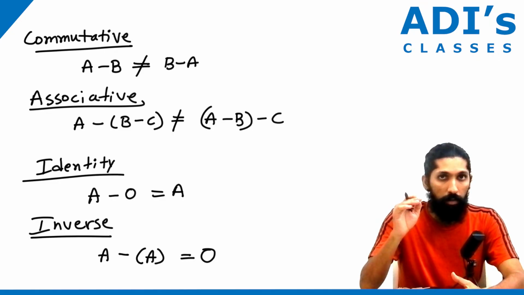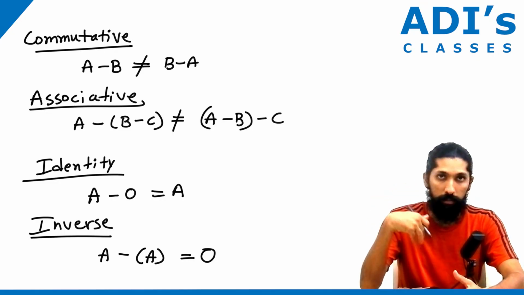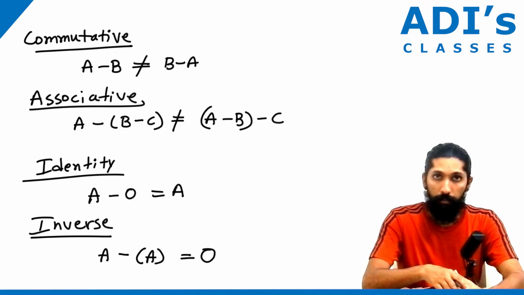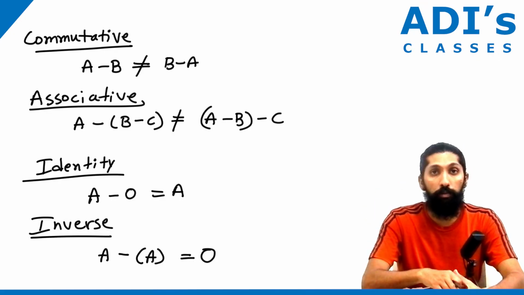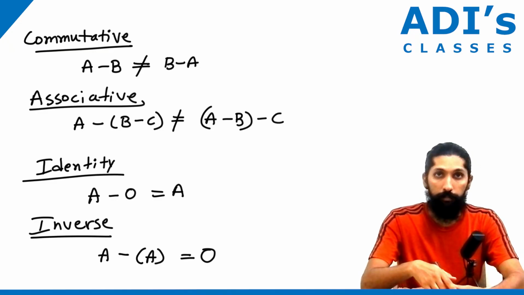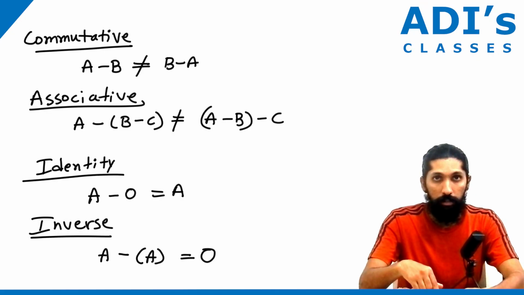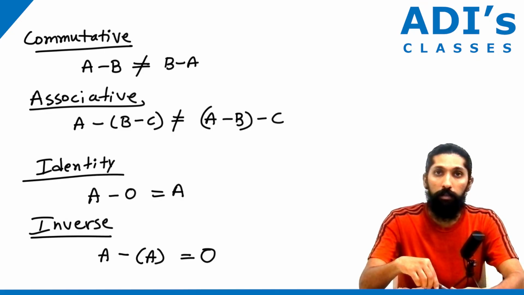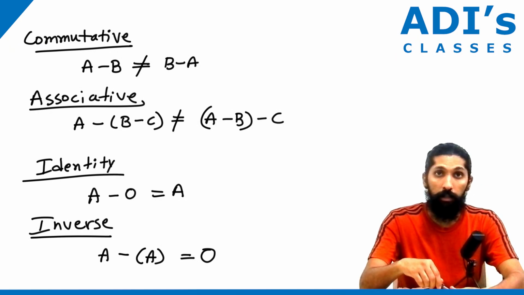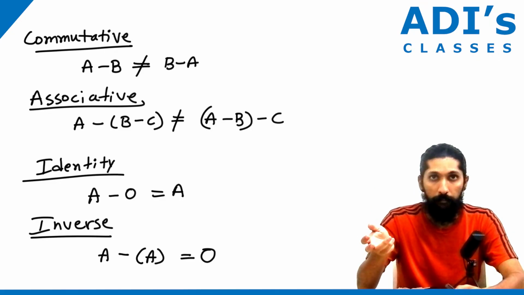But of all the 4 properties you are seeing right now, the most popular one they will ask you is the commutative one. No one is going to ask you to prove that there is no identity matrix for subtraction, or that there is an inverse for subtraction, because mathematically that property is not valid or doesn't make sense.